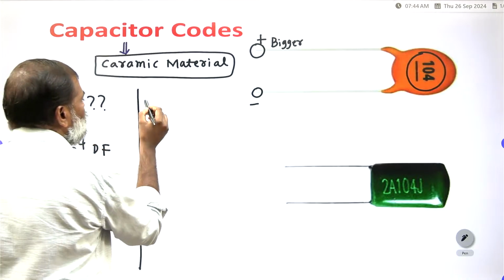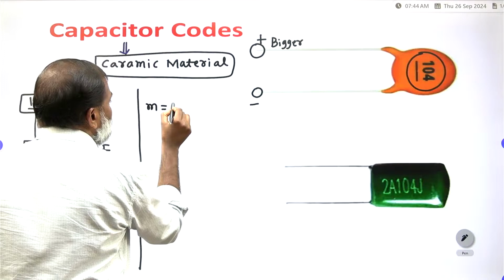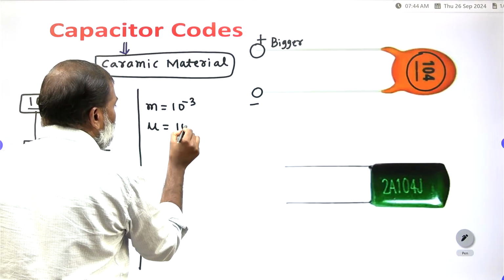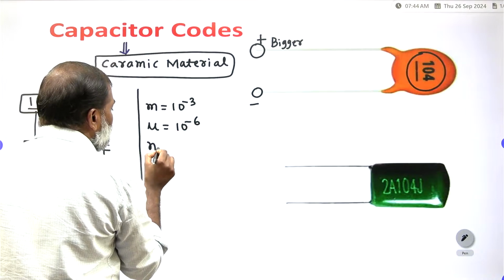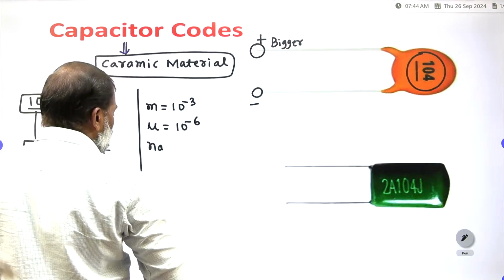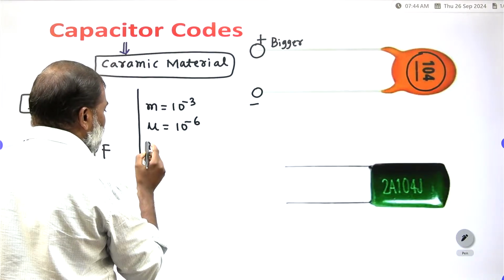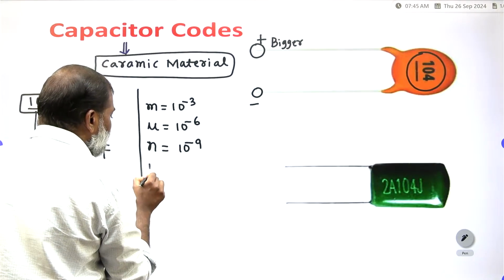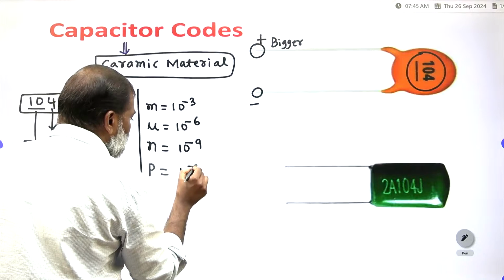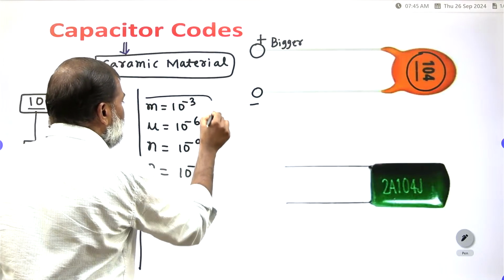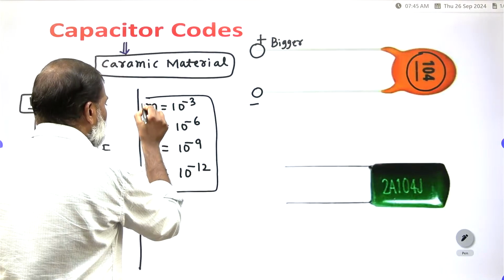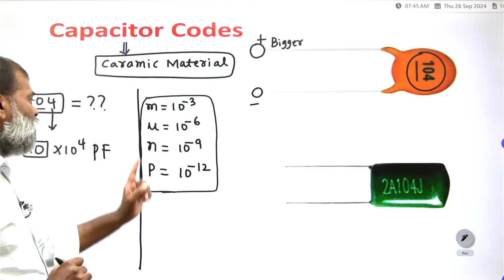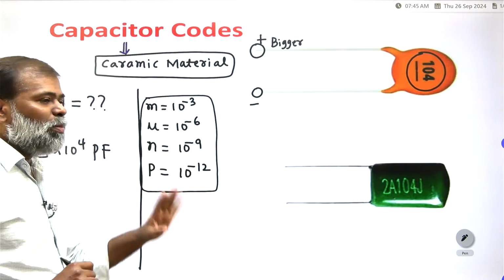Now you have to see: milli means 10 to the power of minus 3, micro means 10 to the power of minus 6, nano is equal to 10 to the power of minus 9, and pico is equal to 10 to the power of minus 12.